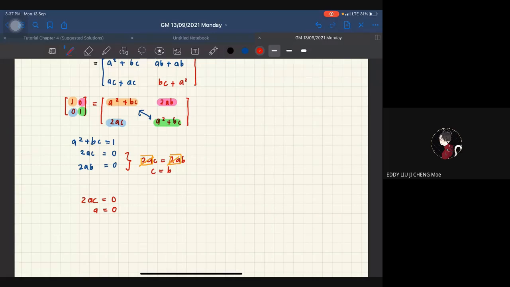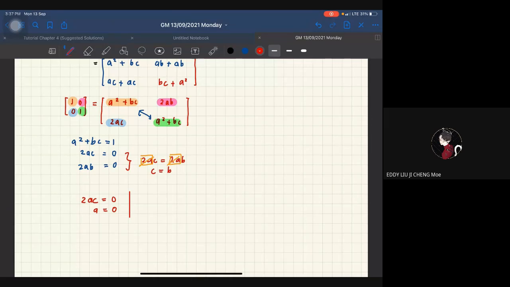Not really, because 0 divided by anything is equal to 0, right? So C can be anything. Okay, correct. We're just trying this, I don't know how to find it either.